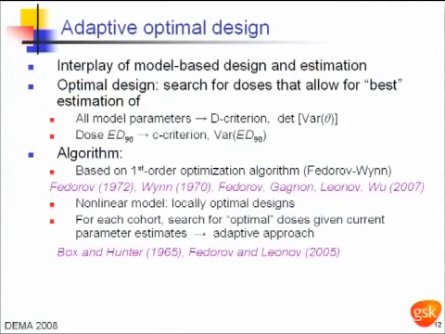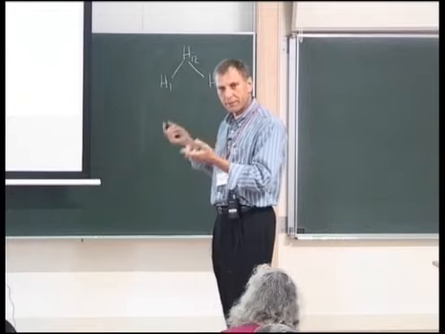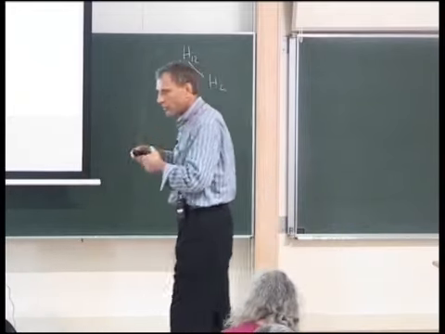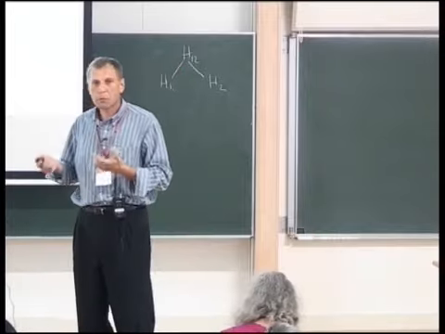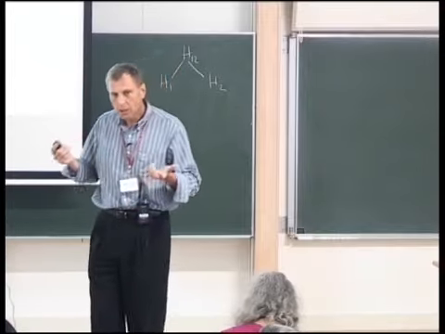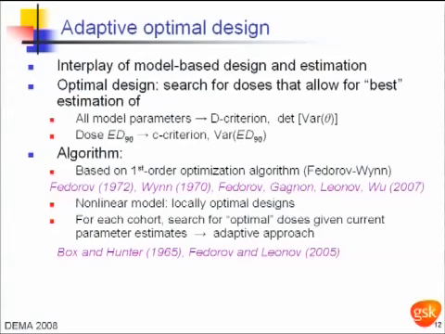They don't usually have a control variable. Here we do have a control variable, which is dose. And so in that sense, this approach is more closely related to what Sandra called sequential maximum likelihood, but this model is probably a little bit more complicated. But that's what we're trying to do, sequential maximum likelihood, essentially.